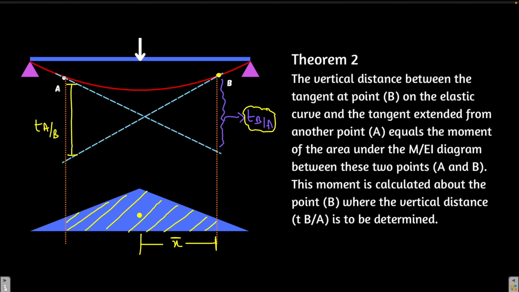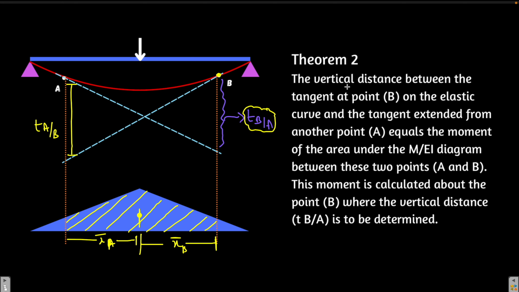Then we find the area of the M by EI diagram and multiply the area with the distance between the centroid of the area and point A. This means x bar A. We will take x bar A if we want to find TAB and x bar B if we want to find TBA. Things will become much clearer if we solve a few questions in the upcoming videos.